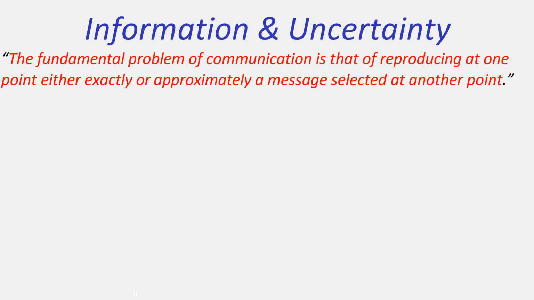What Shannon is saying is the fundamental communication problem is sending a message from one point to another point in such a way that the contents of that message can be reasonably accurately determined.